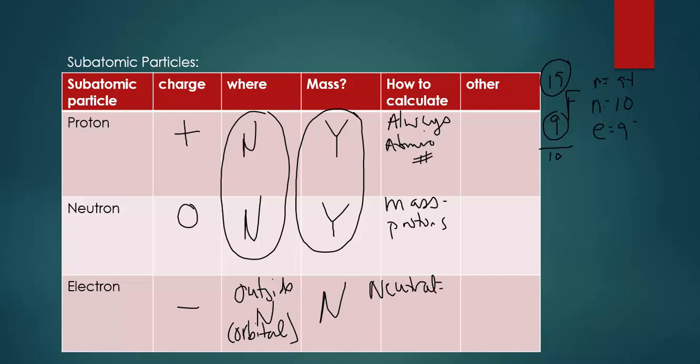I'm going to have 9 to come out with a neutral charge. So for a neutral atom, the number of electrons equals the number of protons. But there are some instances where the atom is not neutral, and that's where we're going next, in just a minute.